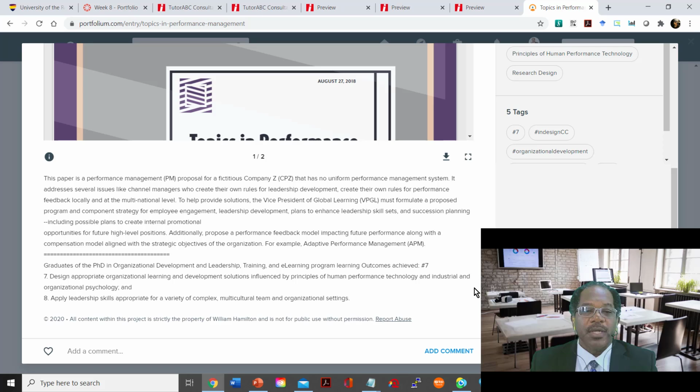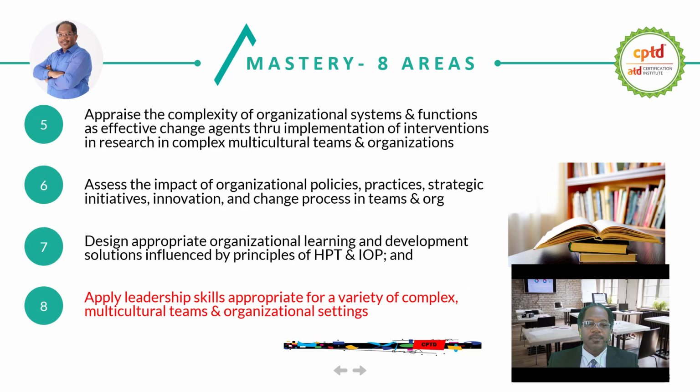So it proposes performance feedback models impacting future performance, along with compensation models aligned with strategic objectives of the organization. Adaptive performance management.